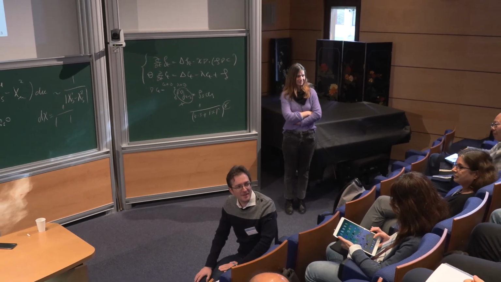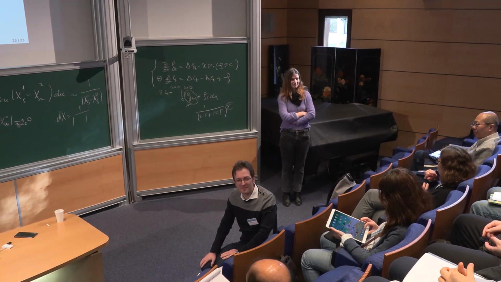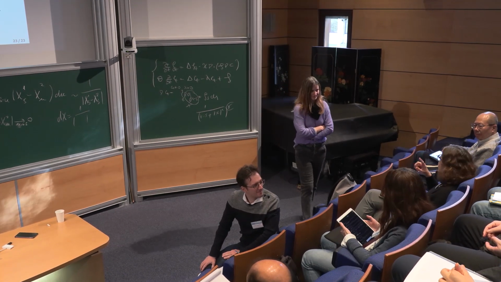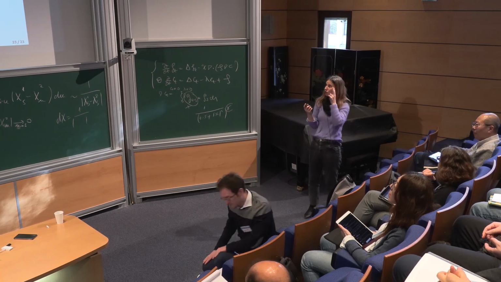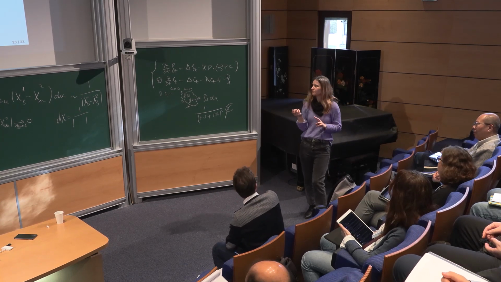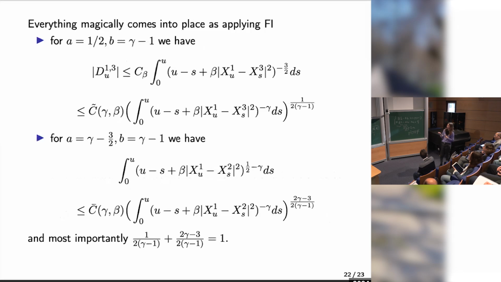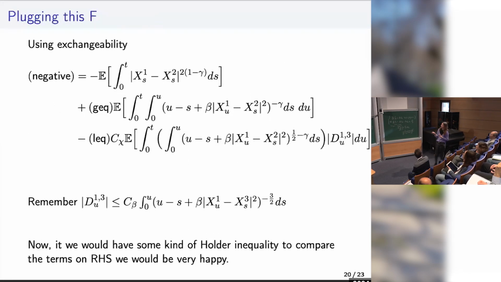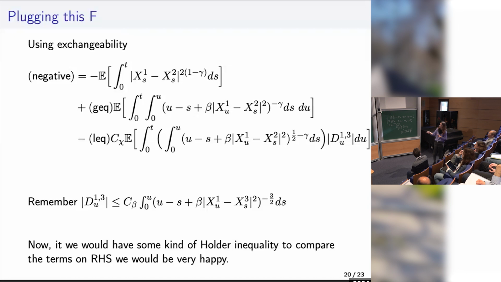Other questions or comments? So where does the restriction on the chi come from? Two important places. When I compare all these terms and put them in the same form, here there is a chi, and you see that they don't play in the same way, so there is a lower bound here.